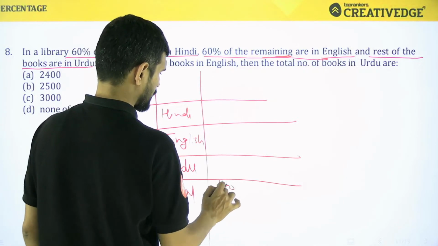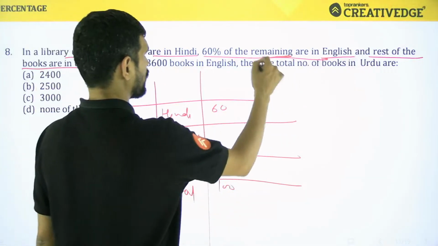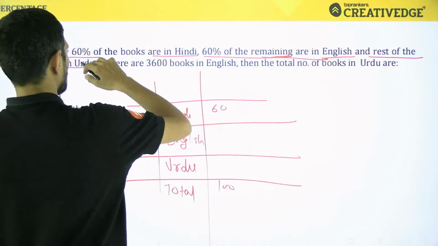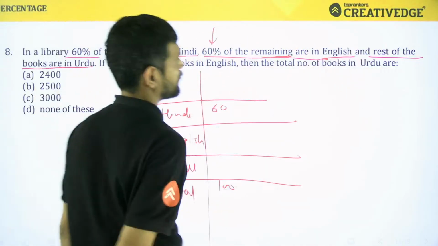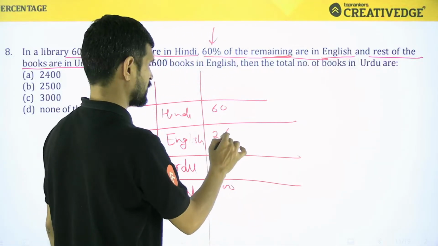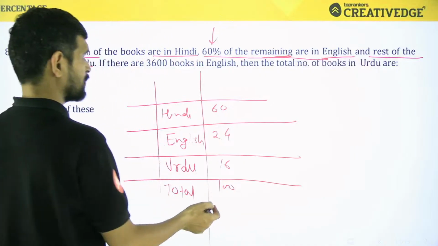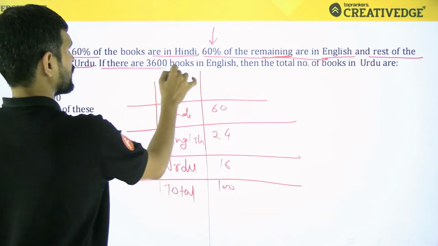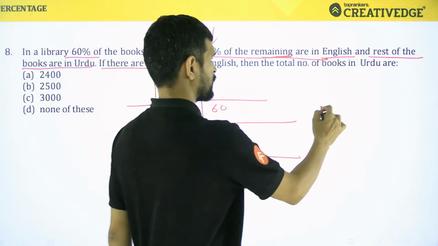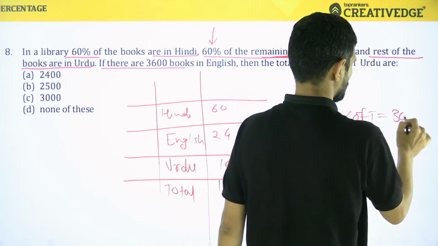If total books are 100, 60 books are in Hindi, remaining are 40. 40 ka what percentage? 60% of 40. 10% of 40 is 4. 4 into 6, 24 are in English, remaining 16 are in Urdu. And what is given that if 3600 books are in English, so this 24% of total is 3600.